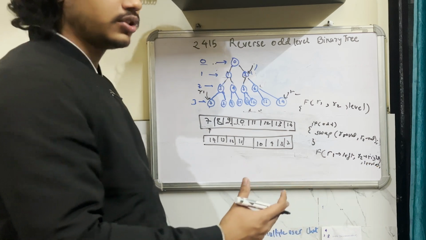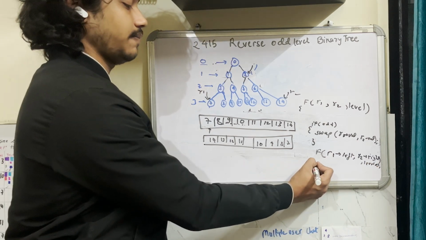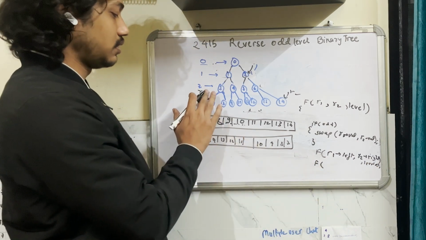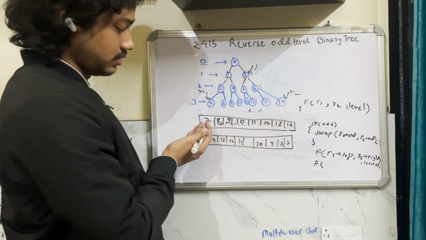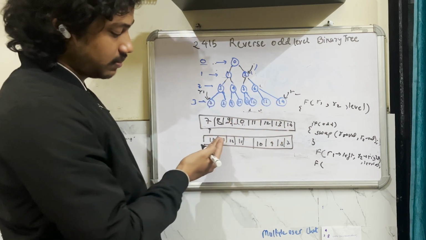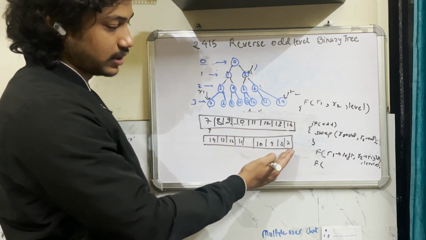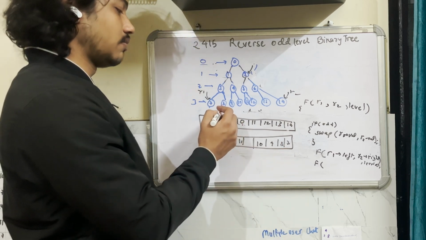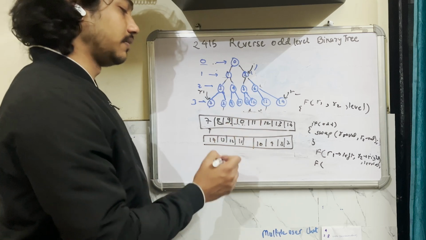Don't worry about the code, I'll show you the code. And just look, you swapped 7 and 14, so you can see 14 came at the place of 7 and 7 went to the place of 14. What about 8 and 13?